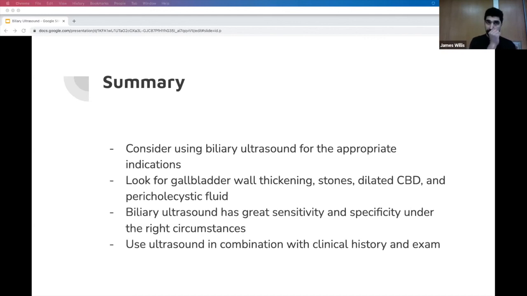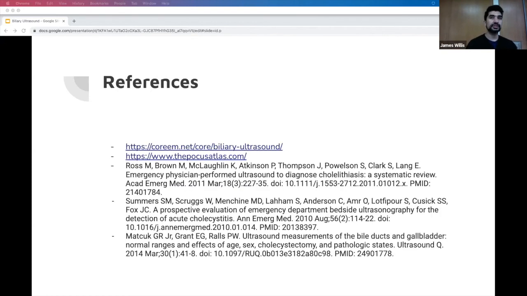So under the right circumstances, you can effectively rule out or rule in a biliary disease with the appropriate pretest probability. And in order to diagnose these various biliary diseases, you need not only the ultrasound, but to put it together with the clinical context, your physical exam, as well as lab findings. These are my references. Any questions?